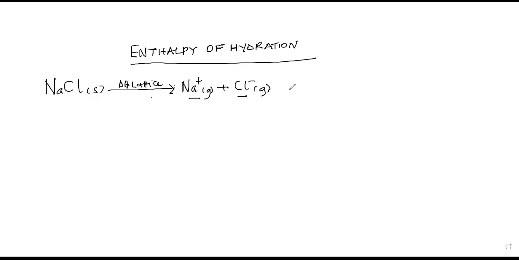The energy released in forming a solution is what we call enthalpy of hydration. So we have enthalpy of hydration, and this is sodium ion aqueous and chloride ion aqueous.